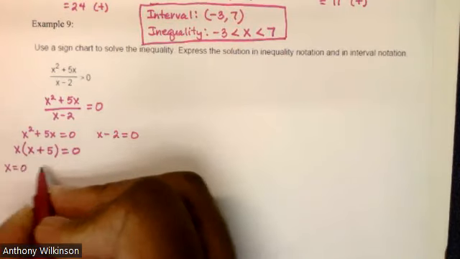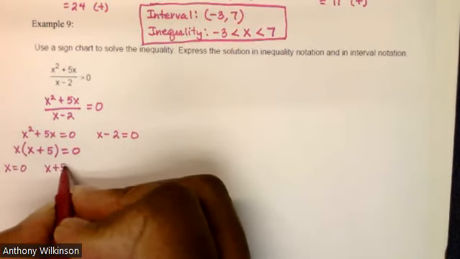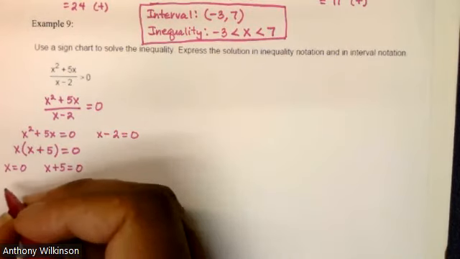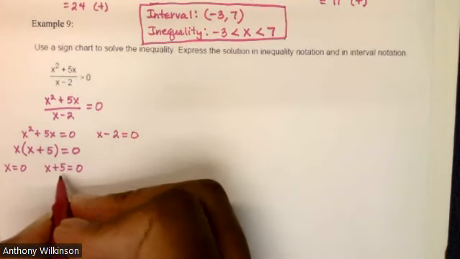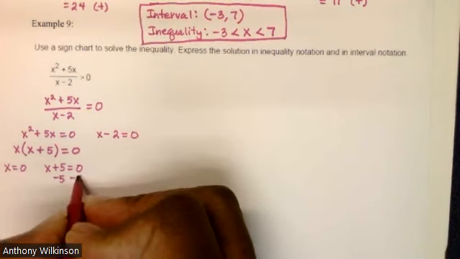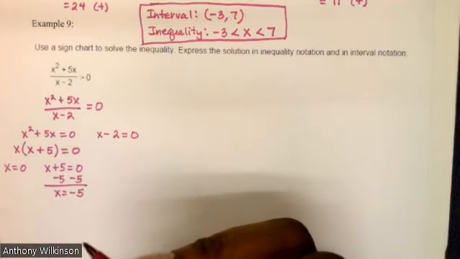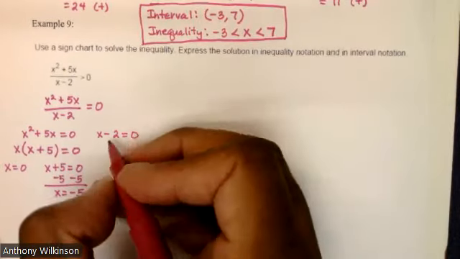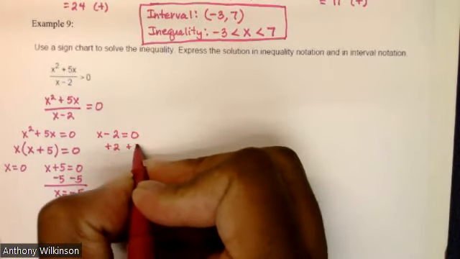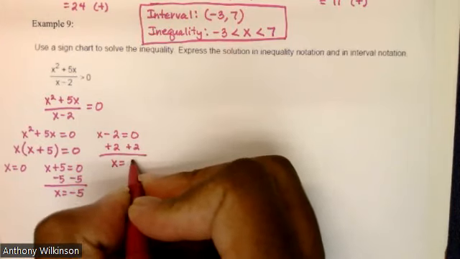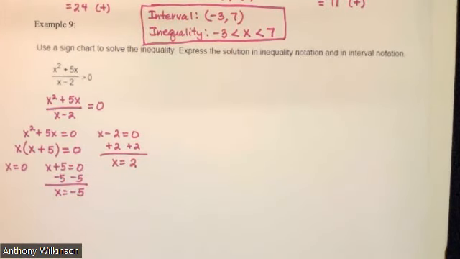So I'm going to set x equal to 0 and x plus 5 equal to 0. Well, x equals 0, solve for x, but for x plus 5 is equal to 0, x is equal to negative 5. And then for x minus 2 is equal to 0, x will be equal to 2.